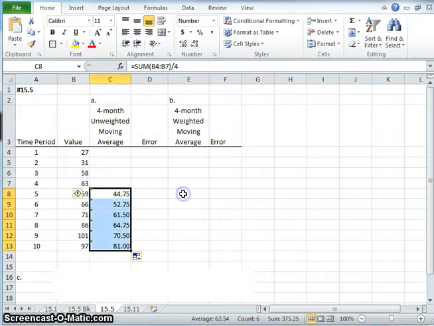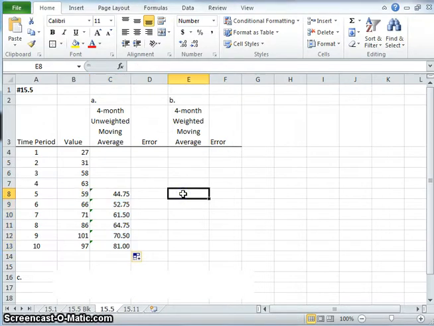All right, so for our formula here, in cell E8, we're going to put equals in parentheses.